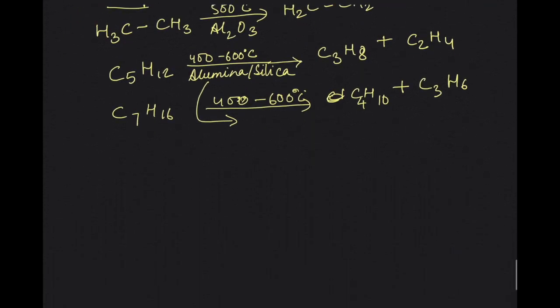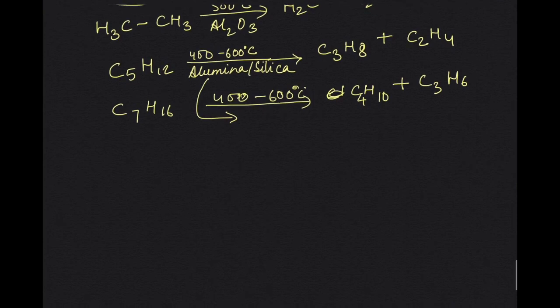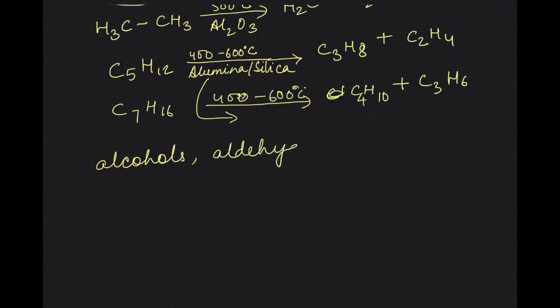Now, in catalytic oxidation of alkanes, alkanes will give either alcohols or aldehydes or carboxylic acids. So it depends on the reaction conditions.